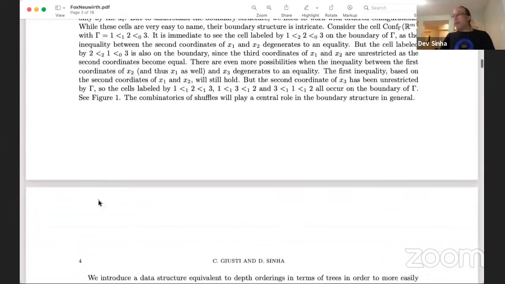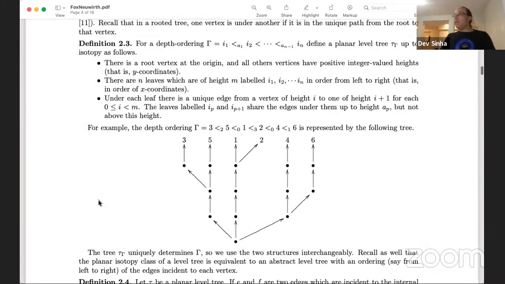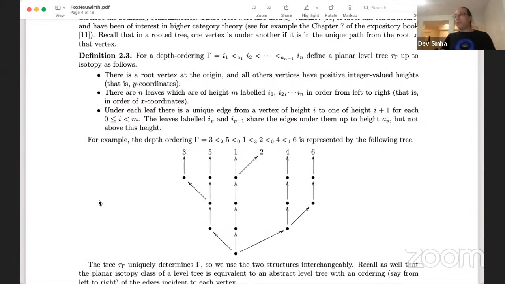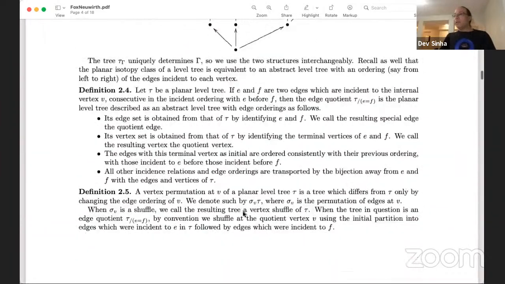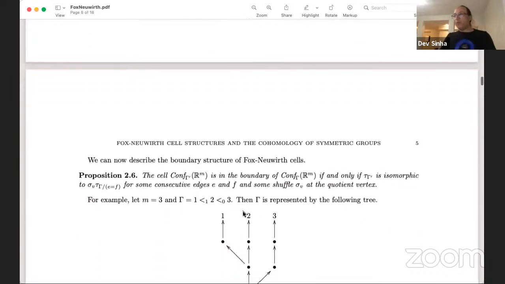And yeah, the main thing we do is very carefully recast the combinatorics. These series of numbers are nice and concrete, but it's better to have trees. And again, for us, this ordering is always just going to be 1, 2, 3, 4, 5, 6. But then, of course, you're going to be quotienting.